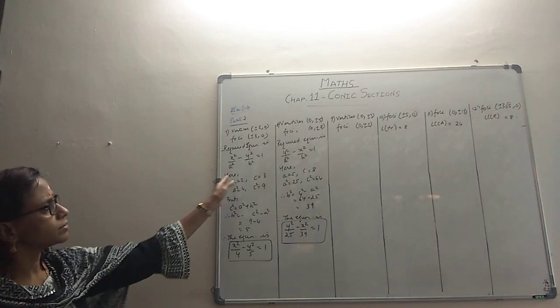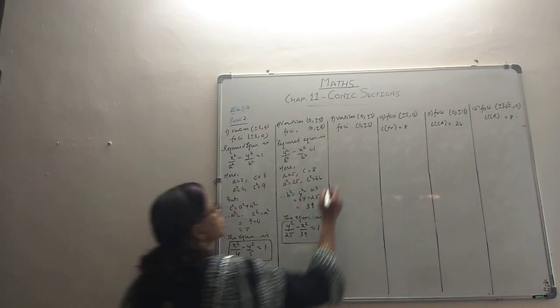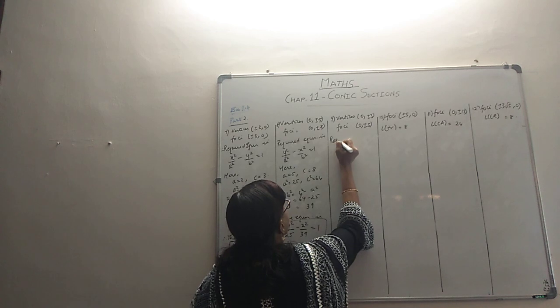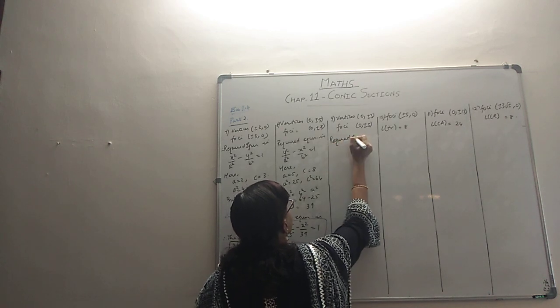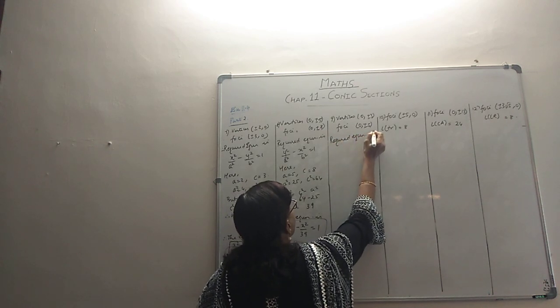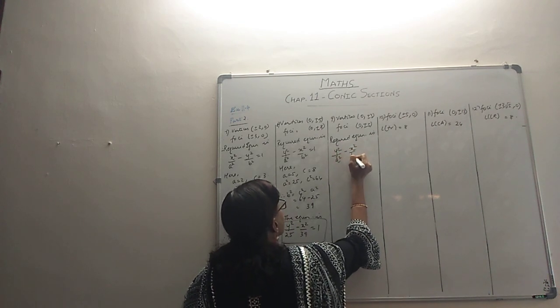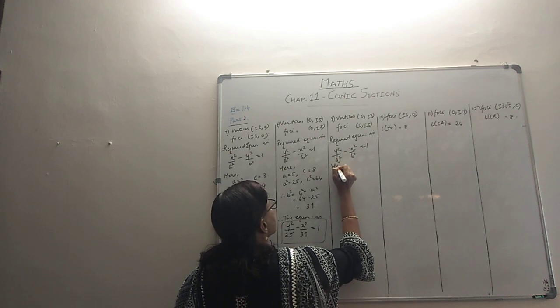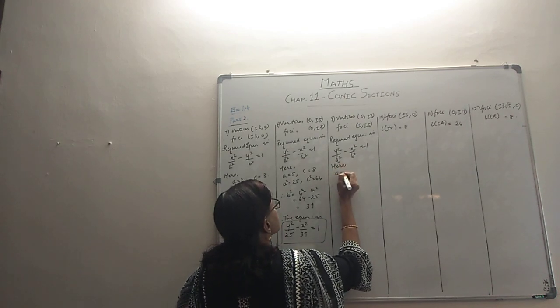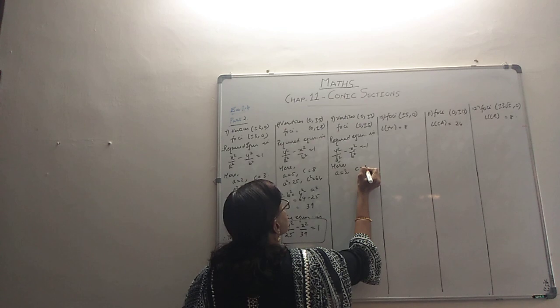Again same, just like this. On the same lines, the required equation, because it's very clear that it's of type 2, is y squared by a squared minus x squared by b squared equal to 1, where we have the values: vertex is 3 and the focus is 5.